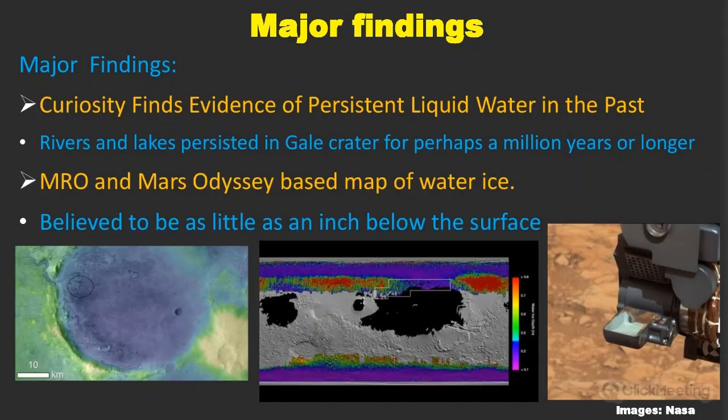So this square area shows where one can land, and water is accessible beneath the surface, as little as an inch below the surface.